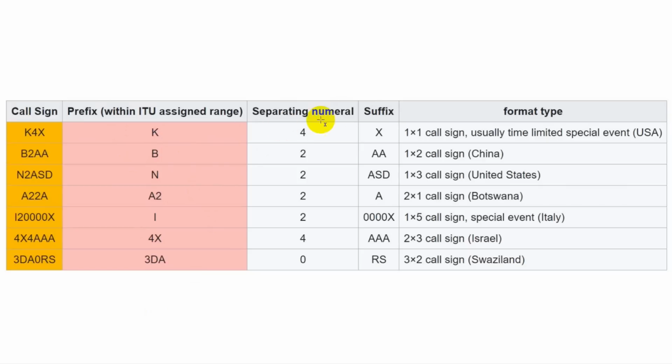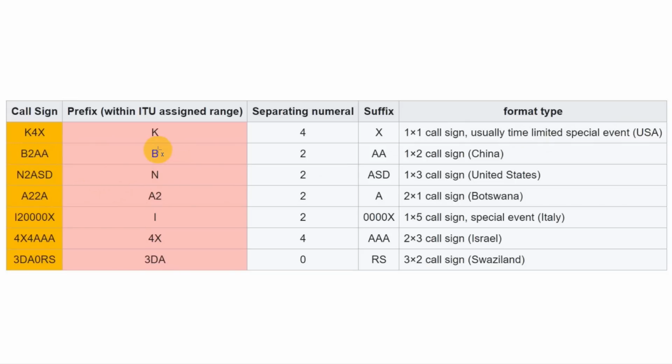Let's take K4X, right there. That is usually a one-by-one call sign assigned for a limited time special event in the United States. And yes, you can get one of those, and it'll be valid for 2 weeks for your special event, and then somebody else can use it. Here is an example of B2AA.